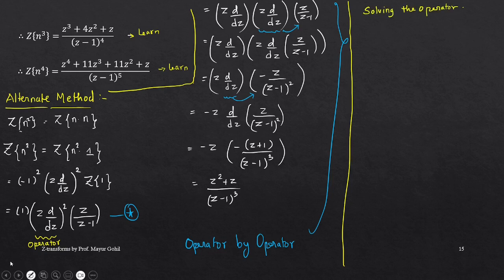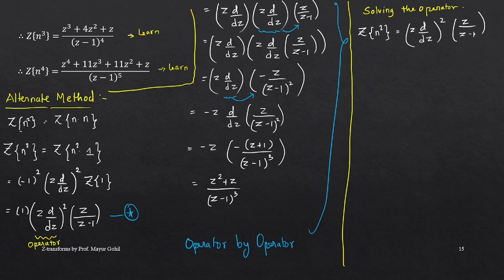So what we do here, I'll write the whole step again. Z transform of n square is nothing but, as we have already said, z d by dz the whole square operating over z over z minus 1. Now we see this operator first. This operator is basically telling me to do z d by dz, z d by dz, and z over z minus 1.